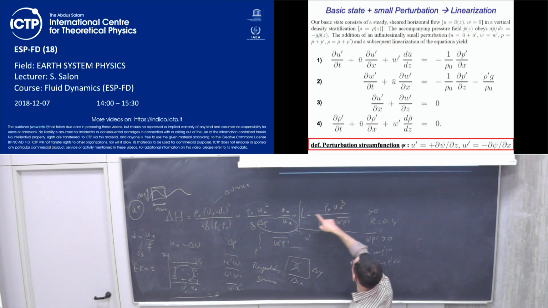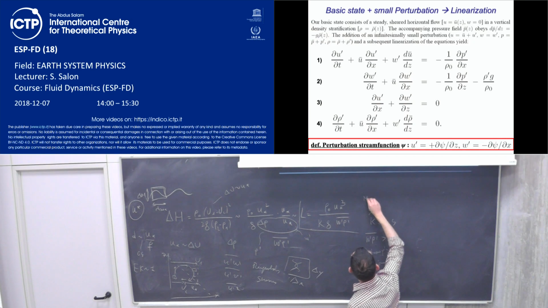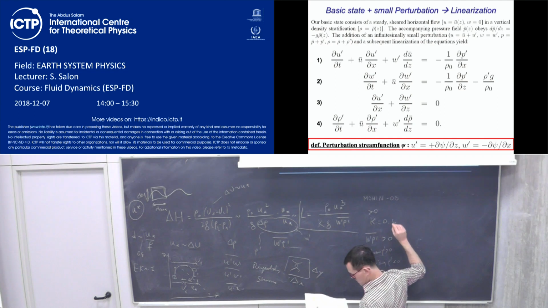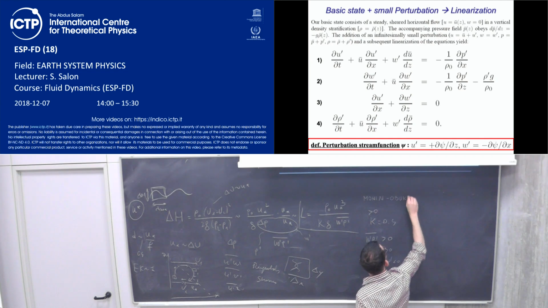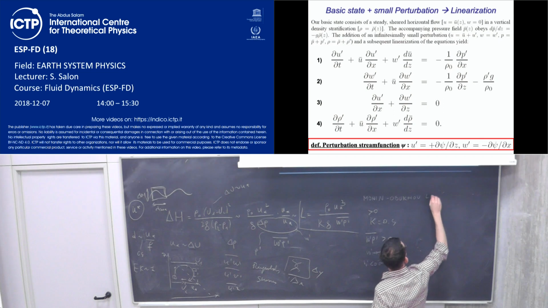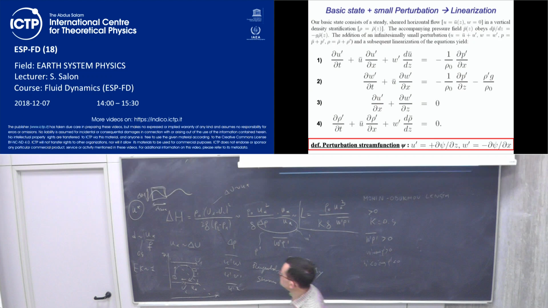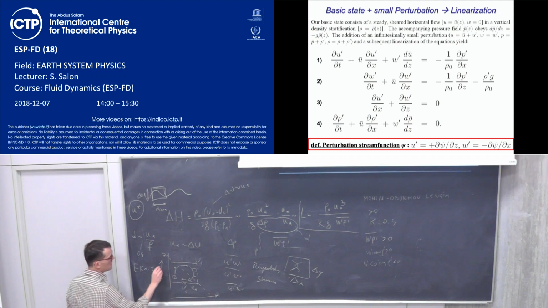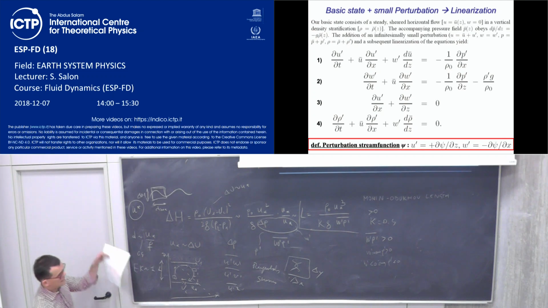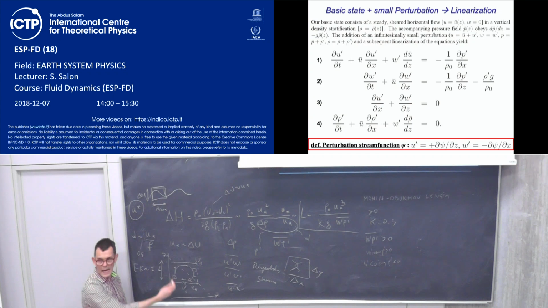Okay, so this expression here is called the Monin-Obukhov length, and actually it is derived from the definition of our mixing layer. So it means that the Monin-Obukhov length is actually the vertical distance of the larger eddies.